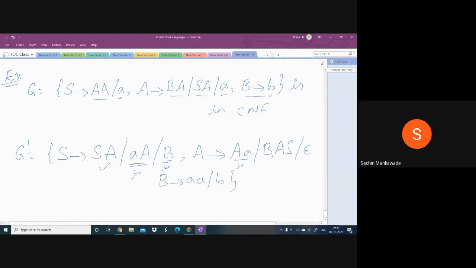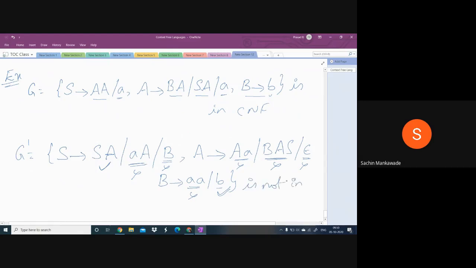Here all are non-terminals, but there should not be three symbols. No. And epsilon, no. Here two symbols, both terminals, no. If there are two symbols, they must both be non-terminals. And this is okay. Except these two, none is in the required form. So this is not in CNF.